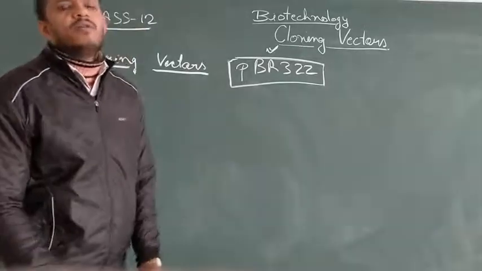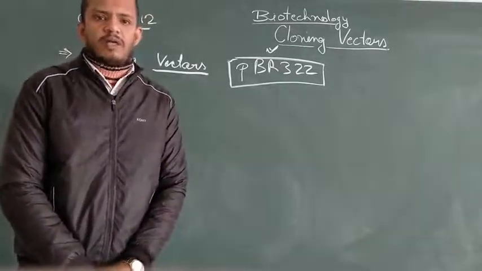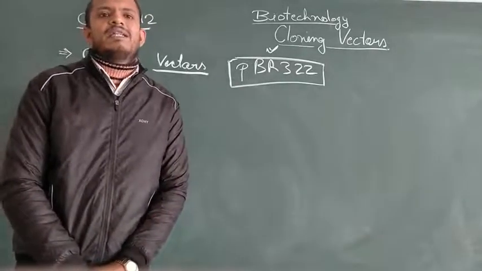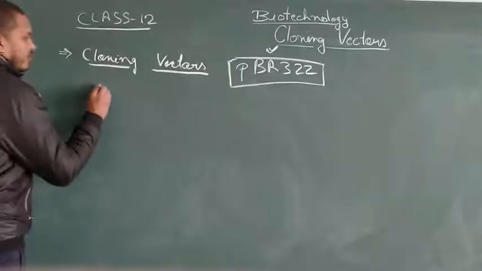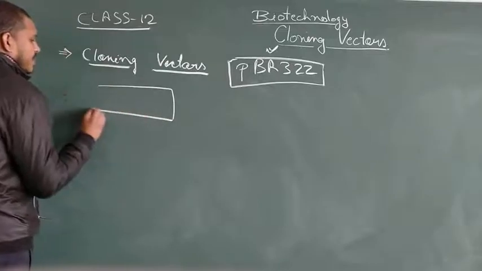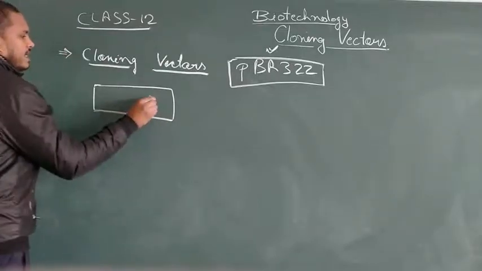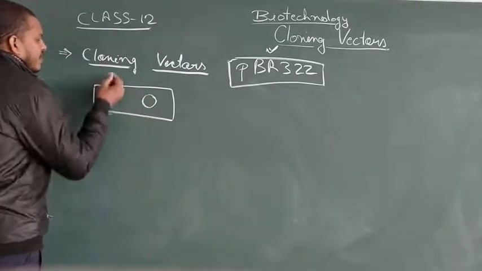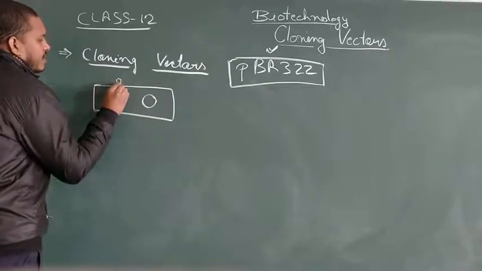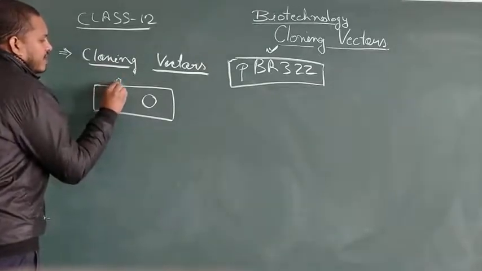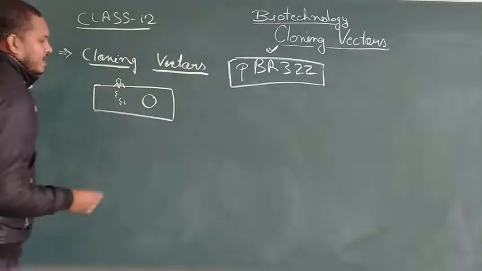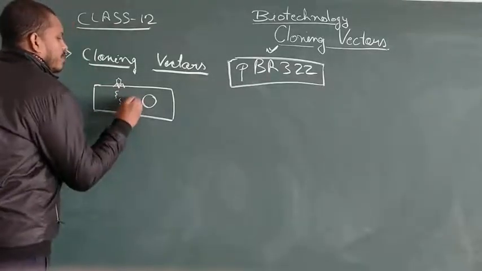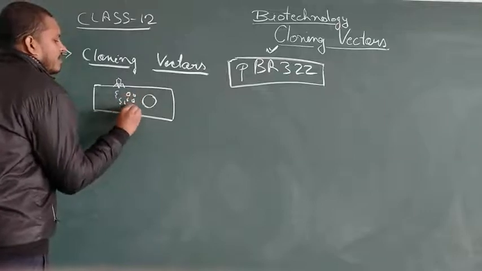Bacteriophages come under viruses, and they can infect bacteria. When a bacteriophage enters a bacterial cell, it transfers its genetic material inside, and this genetic material forms multiple copies inside the host.